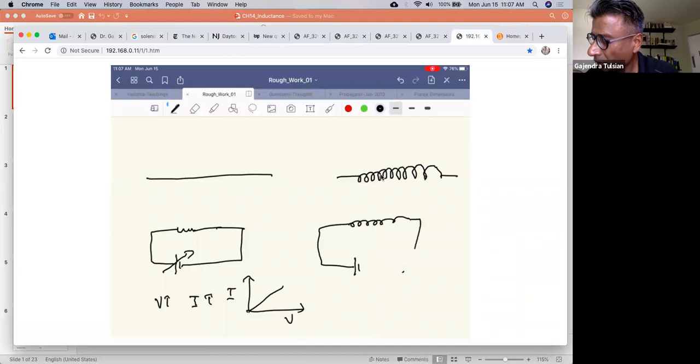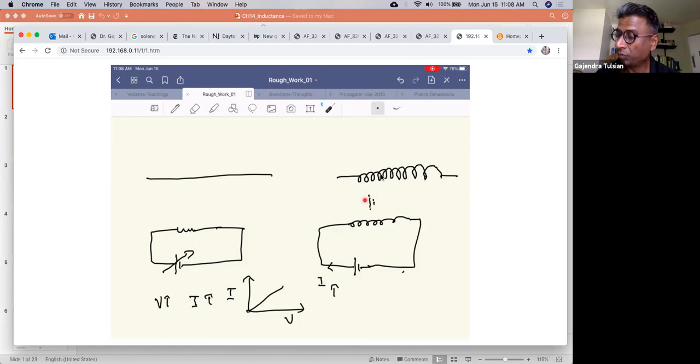And if I try and increase the current, what happens is this piece of straight wire that was wound like that now suddenly acquires the following property. If you try and increase the current, it'll act like a battery opposing the increase. So this solenoid will develop a voltage which is opposing this change in current.